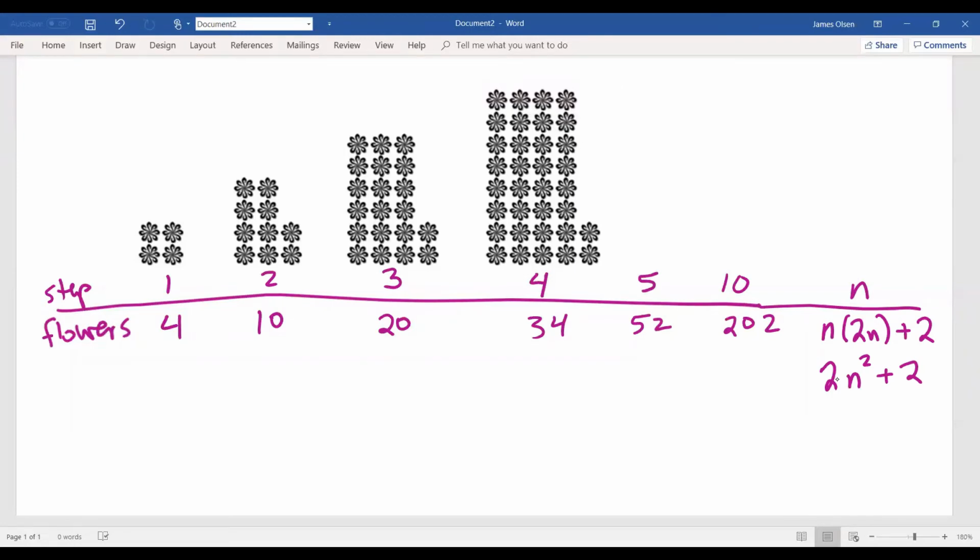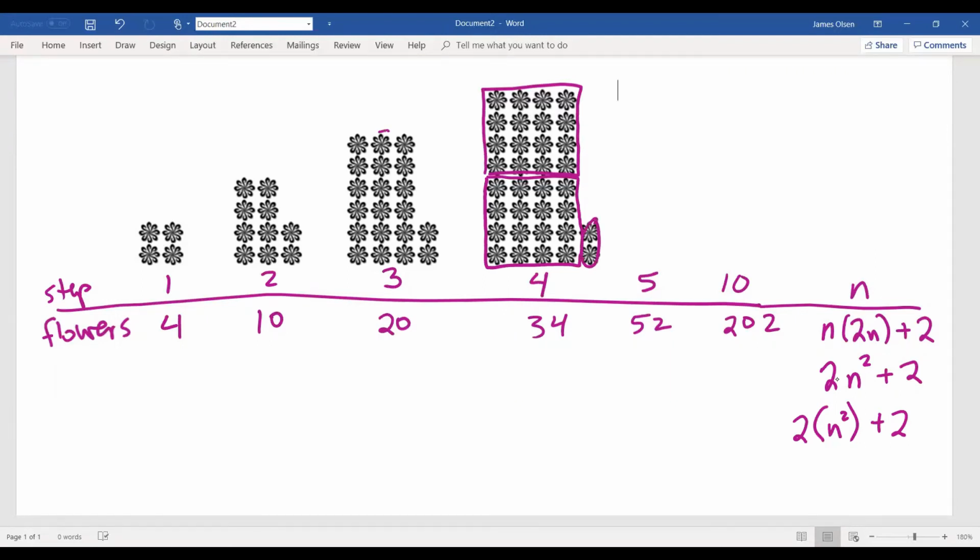But I might maybe put parentheses around the n squared for emphasis here. So apparently I have 2 squares. Let's see if we can explain why. Yes, in fact, we have a square right here that's 4 by 4. And we have an identical square above it that's also 4 by 4. So we have 2 times 4 squared, and then we have our plus 2.